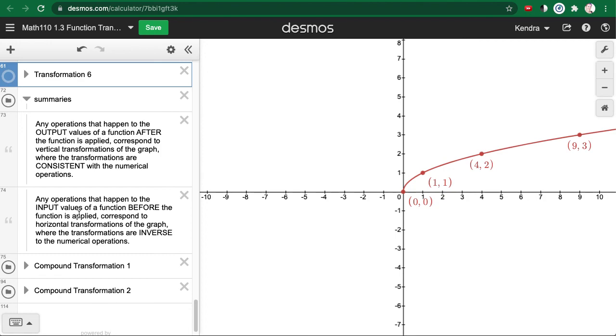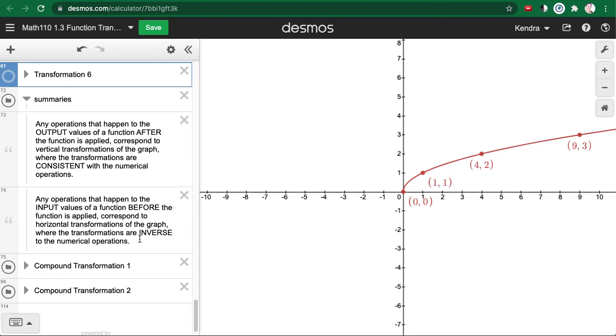Operations that happen to the input values of the function before the function is applied correspond to horizontal transformations, that is, operations on the input, on the x-coordinates. And the transformations are inverse to the numerical operations. So multiplying x by a factor of 3 before applying the function has the effect on the graph of multiplying all of the x-coordinates by a factor of 1/3.